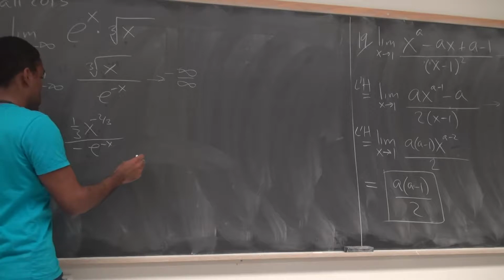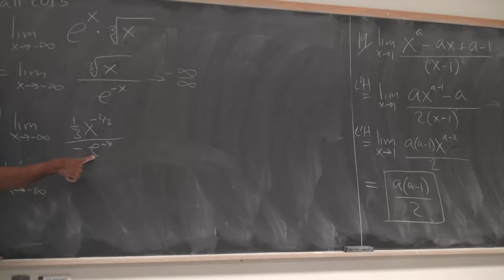Because this wasn't 0. It's negative infinity. So this is 0 over infinity. No, positive. Right? So what does that mean?